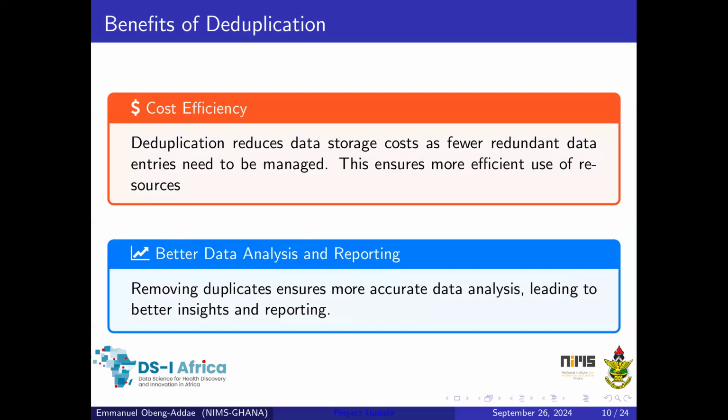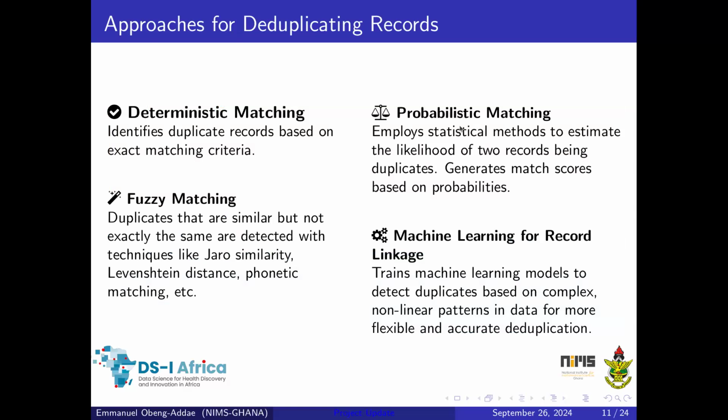Finally, removing duplicates ensures more accurate data analysis, leading to better insights and reporting. And if we use the deduplicated data sets to train a machine learning model, we are sure to have very good predictions. So now we'll explore the various approaches by which we undertake this task of deduplication.